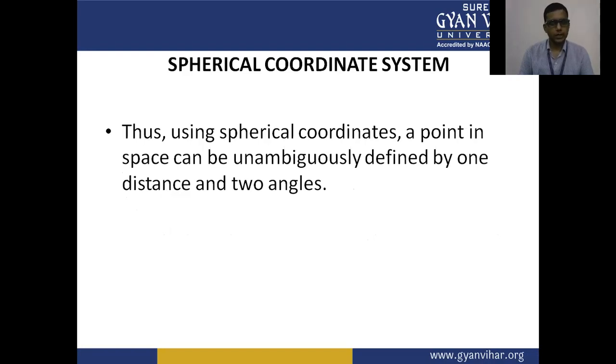Thus, using the spherical coordinates, a point in space can be unambiguously defined by one distance and two angles.